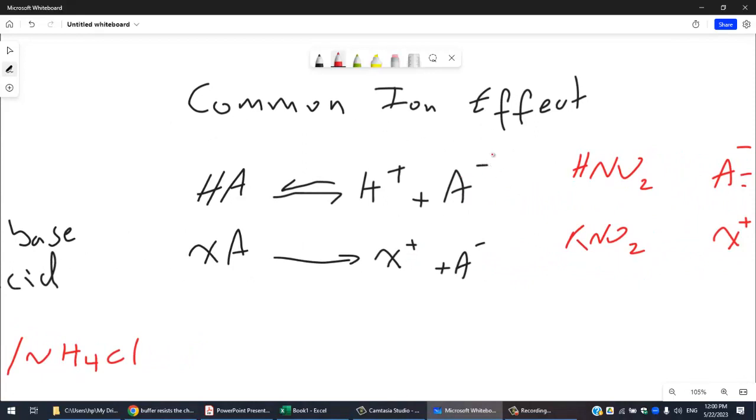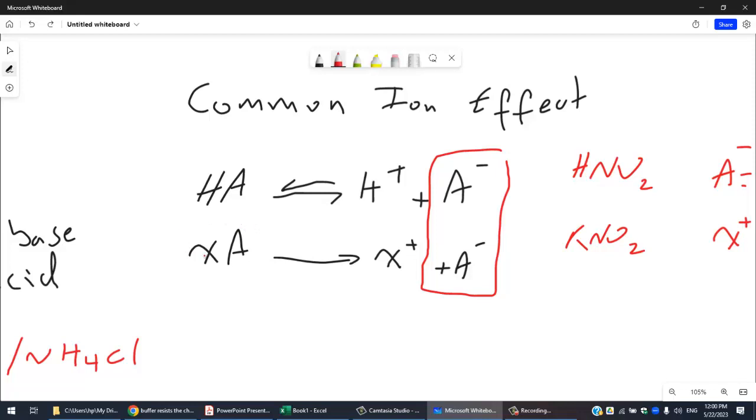You see here that A minus is coming from two equations, the first equation and the second equation. So this is what we call a common ion, because it appears in both equations. But you need to understand that this A minus is sourced mainly from the second equation, because we learned in the previous chapter that the amount of A minus at equilibrium of a weak acid is very low. It's almost 1 or 2%, because that would depend on the dissociation percentage of the HA.